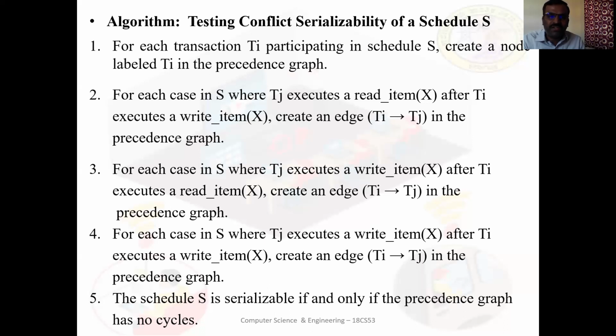In all three cases, we create a directed edge from the starting node Ti to the destination or ending node Tj. If there are no cycles in the precedence graph, then the schedule is called serializable. Otherwise, it is not serializable. The schedule S is serializable if and only if the precedence graph has no cycles.